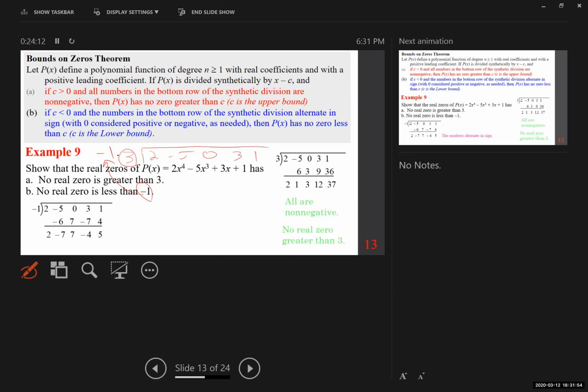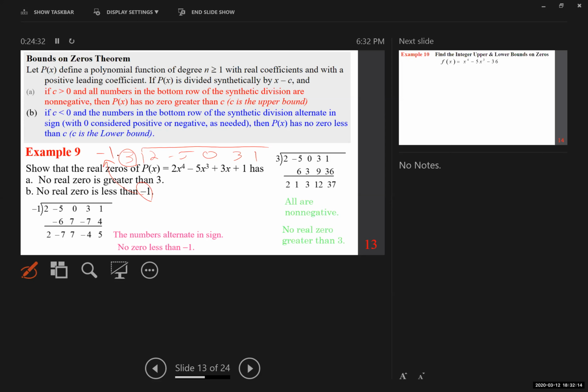You consider it to be positive. Over here, you consider it positive. Here, consider it negative. Here, consider it positive. So if you have a 0, you can go either way. You choose that. That's the method. So we have the answer. Everybody okay with that? Are we ready for the next one?